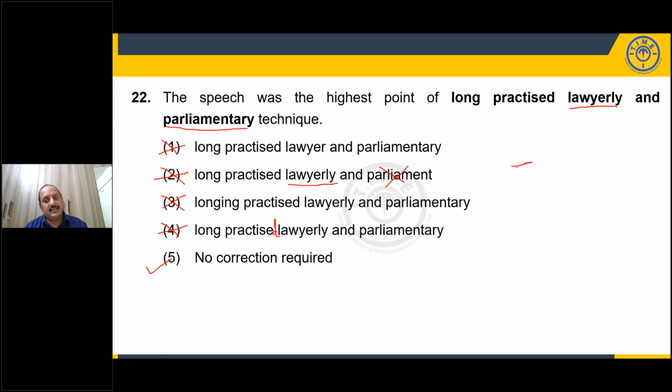So the question itself is appropriate. There's no correction that is required. The speech was the highest point of long practiced lawyerly and parliamentary technique. So a certain technique that is very lawyerly and parliamentary that's required to be used in a court or in a parliament. The speech was the highest point of it. So option number 5, no correction required.